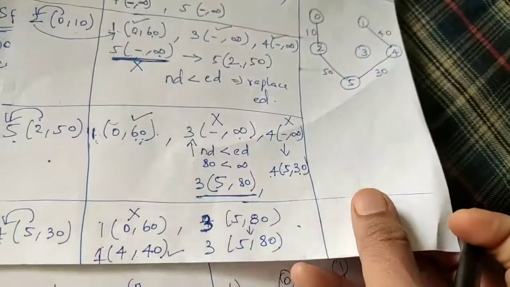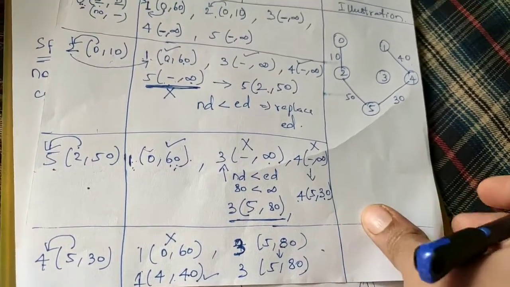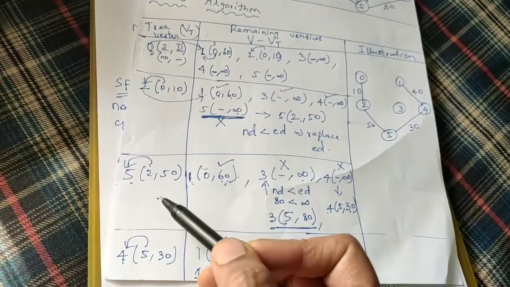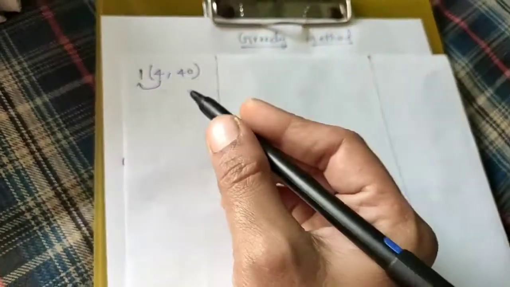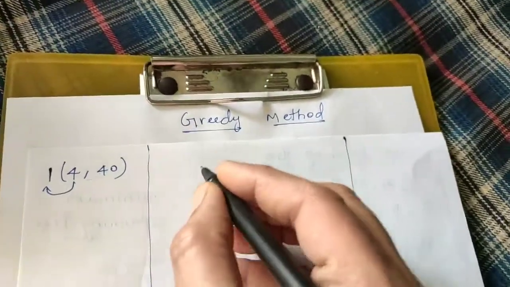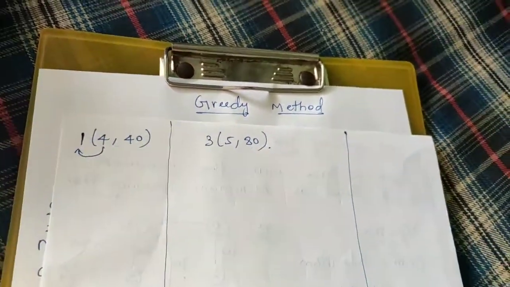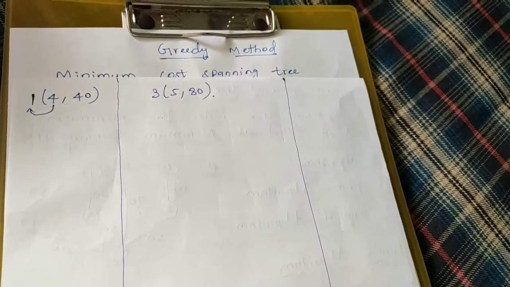Now how many vertices are remaining still to process? Only one vertex is remaining, because see, first vertex, second vertex, third vertex, fourth vertex and fifth vertex. So the left out only one vertex is 3 of 5, 80. This is the one more vertex which is pending to process.